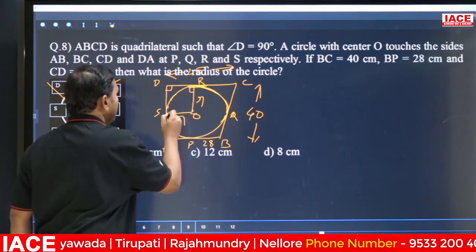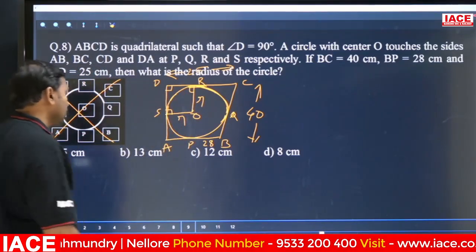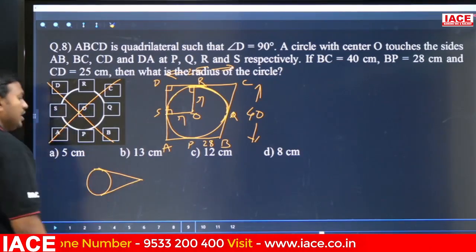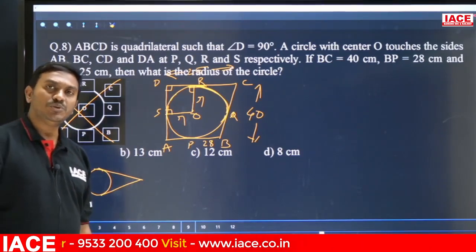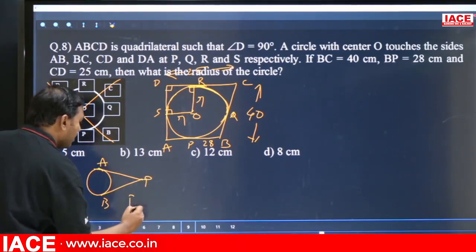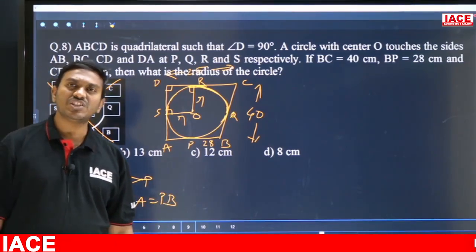This is the radius, and I already told you, from an exterior point, if two tangents are drawn, both tangents are always equal. PA equal to PB. So this is an exterior point.